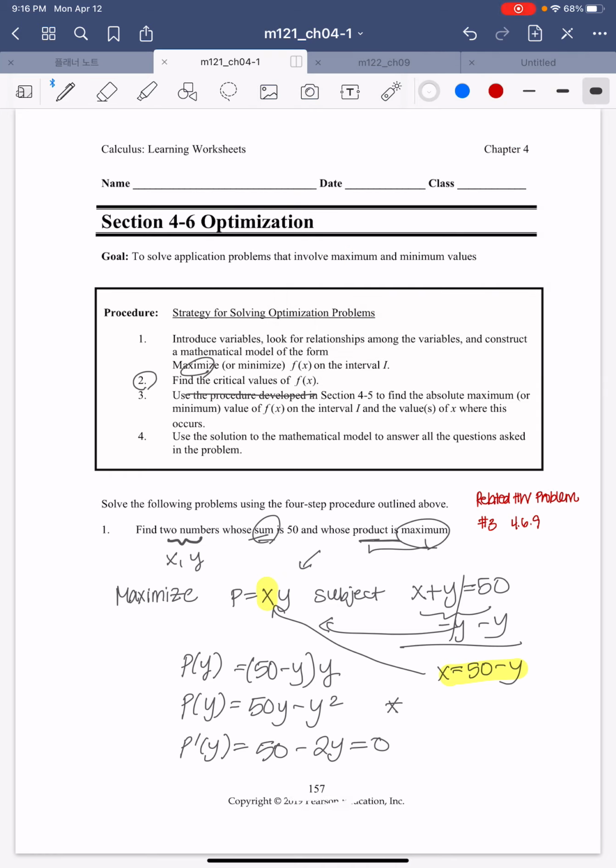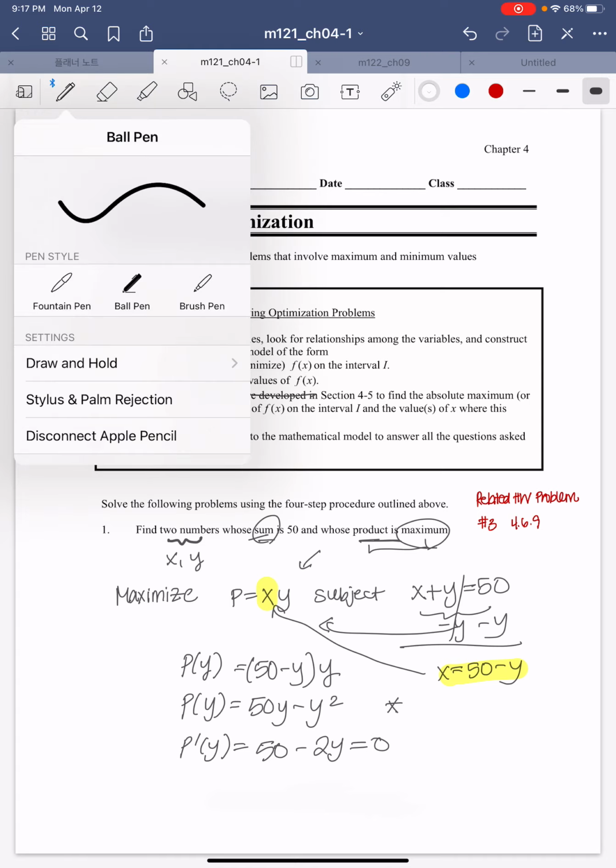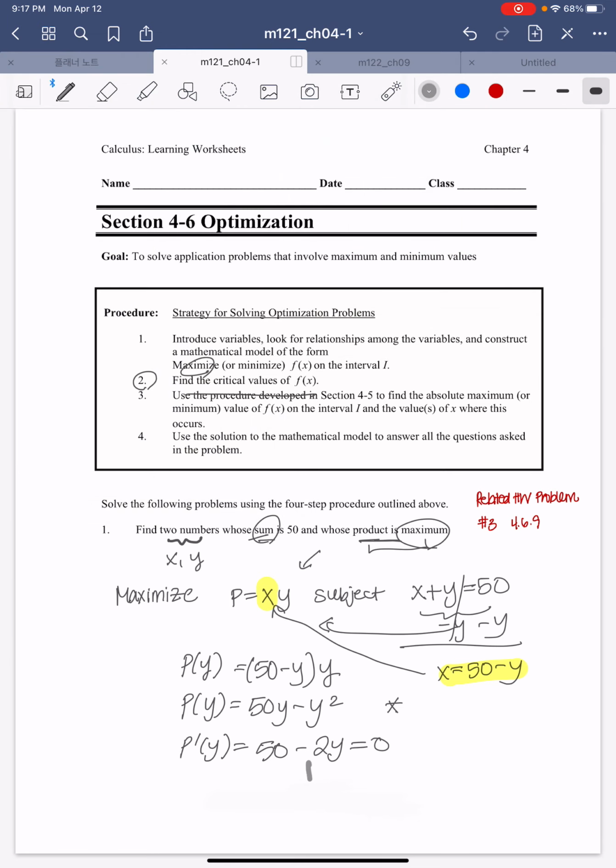Let me erase this part so we have a space. So to solve for y, I can add 2y to both sides. 50 is equal to 2y. y is equal to 25.